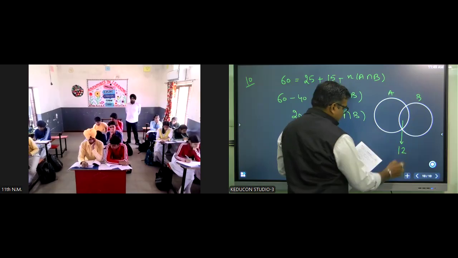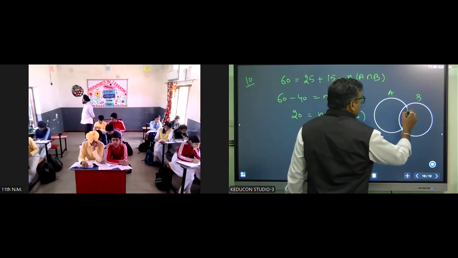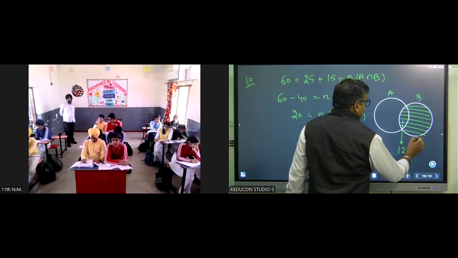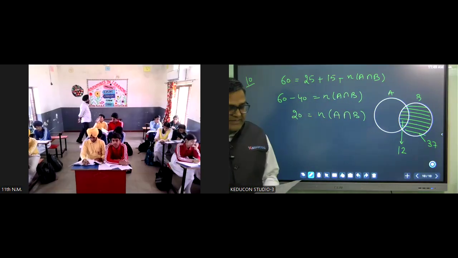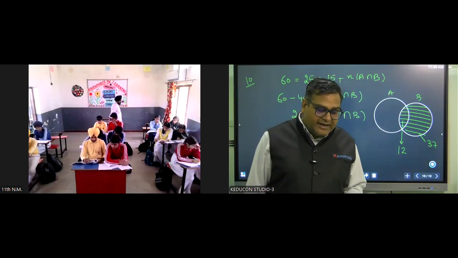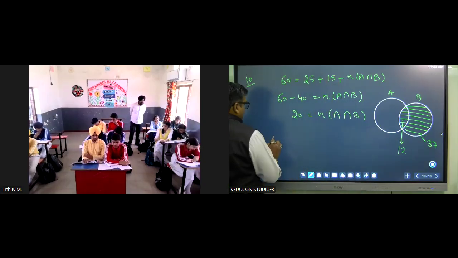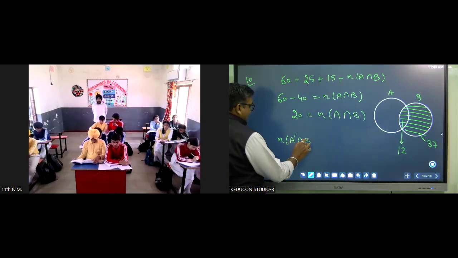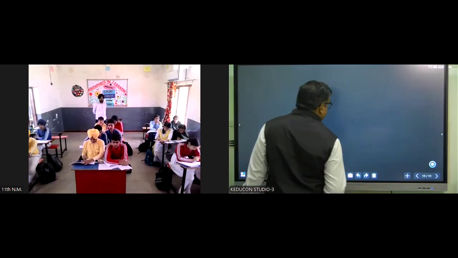This is 12. n of B means this total is 37. This is 37. Right? Now he says n of A complement intersection B. What will this be? Venn diagram देखो थोड़ा और हम डिटेल में समझते हैं जरा.